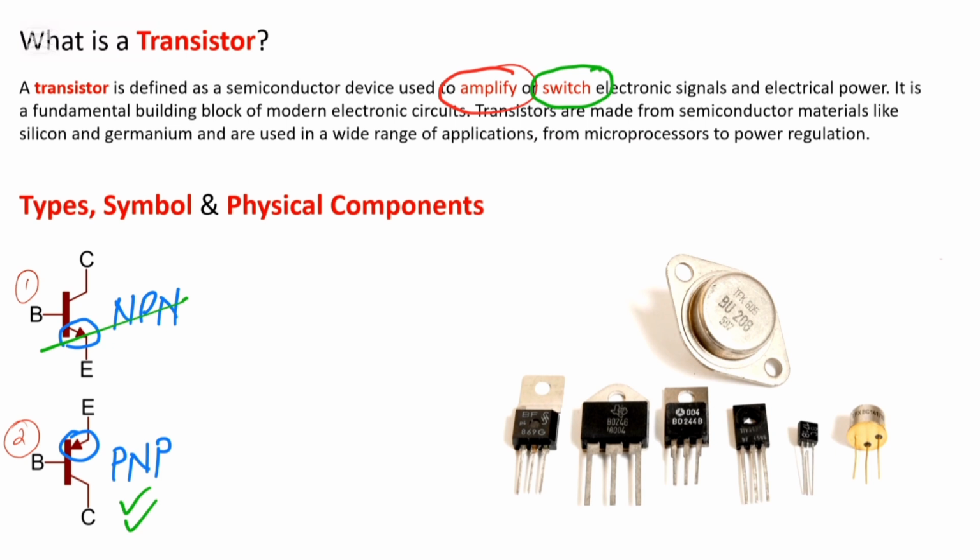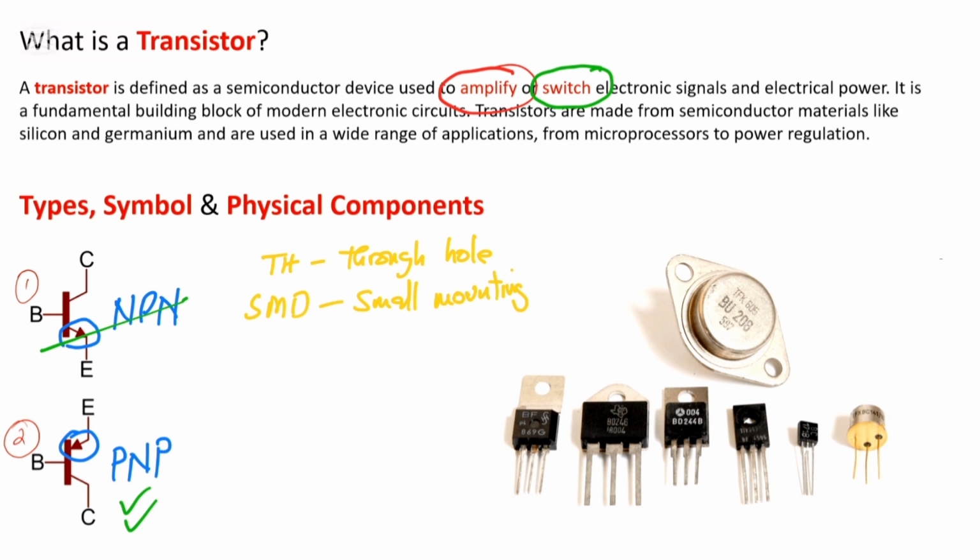A transistor comes in different sizes and different forms, starting from the through-hole component and the SMD, surface mount device. Through-hole can be a large transistor where you can physically see the pins with your eyes, but the SMD is mostly small.